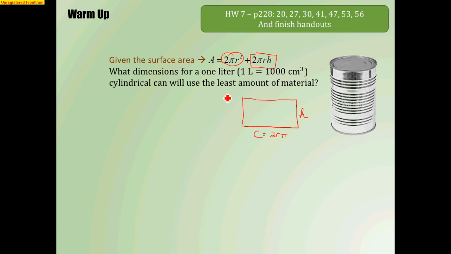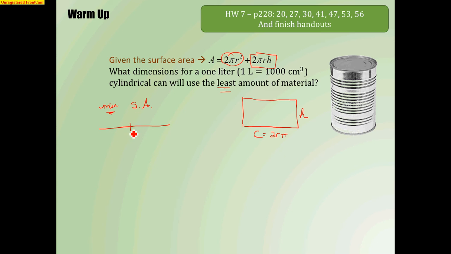So anyway, if I want to set this up, I want to use the least amount of material. So my job is to minimize surface area. Since I'm minimizing or maximizing, this must be an optimization. I'm minimizing, so I'm going to be looking for a derivative of the surface area.